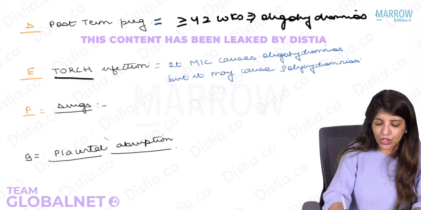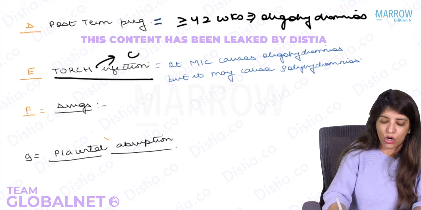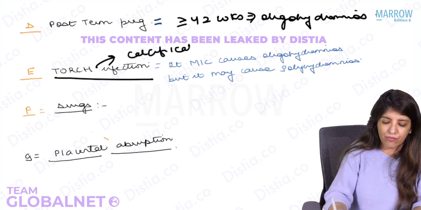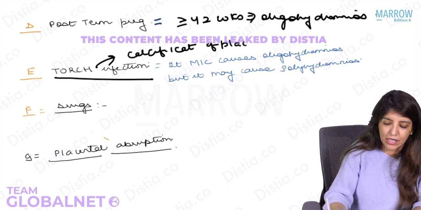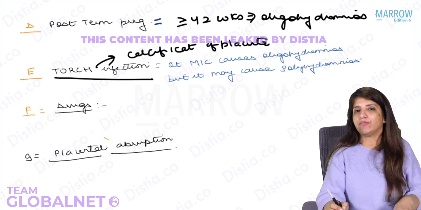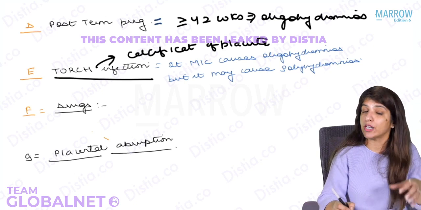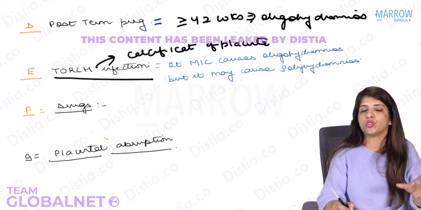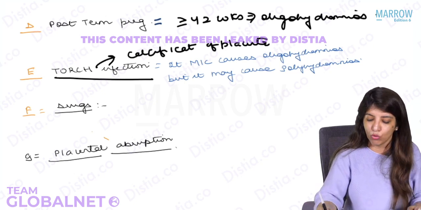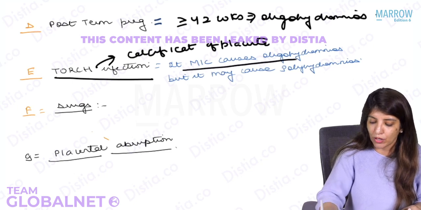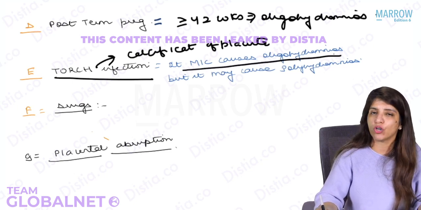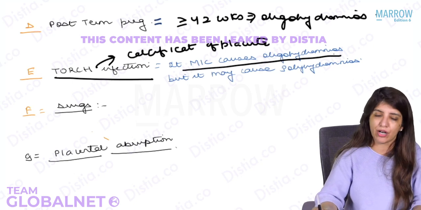Then TORCH infections. Why in TORCH infections? In TORCH infections, there is calcification of the placenta, and because of placental calcification, there is oligohydramnios. I told you TORCH infection is one of those reasons where you can get oligo and poly, and more common is oligo. Right? Oligohydramnios is more common than polyhydramnios.